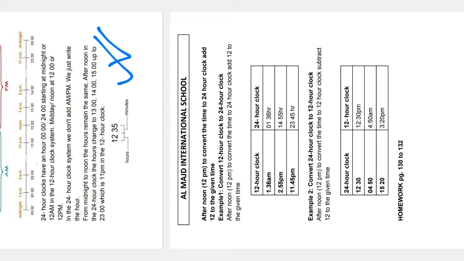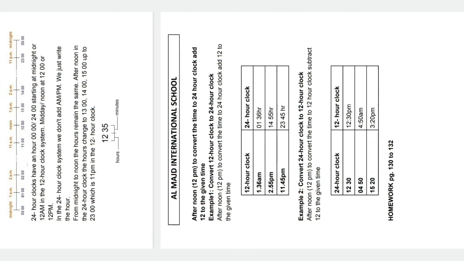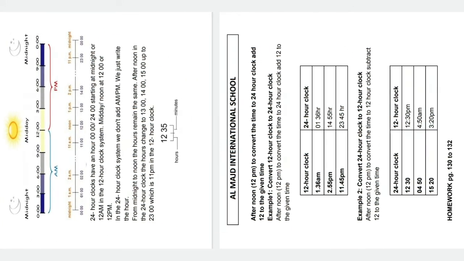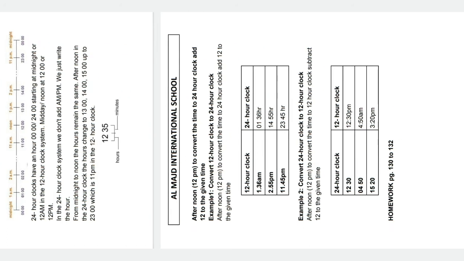So 1:36 AM falls under midnight. AM is midnight, right? So you will have to understand that this is going to remain the same, and as you can see it is the same.